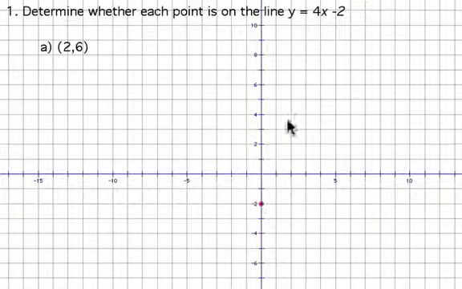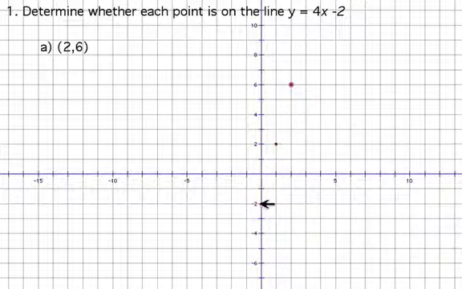Next, since the slope is 4, and remember that 4 is equal to 4 over 1, from this point we're going to graph a line with a rise of 4 and a run of 1. So we're going to go up 4 over 1 and plot our point, and go up 4 over 1 again and plot another point.